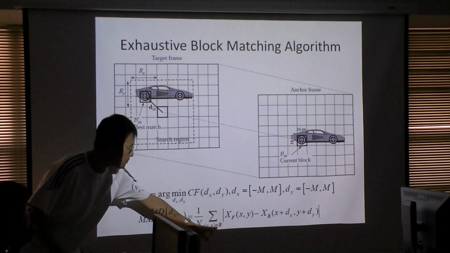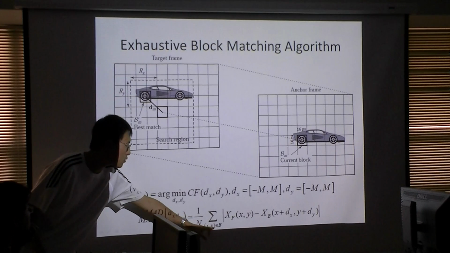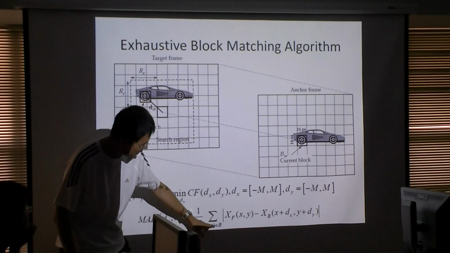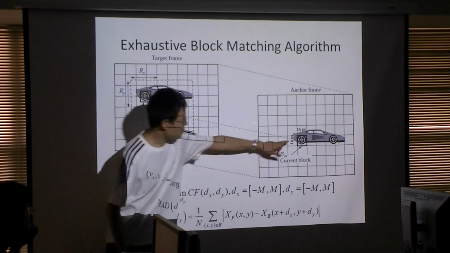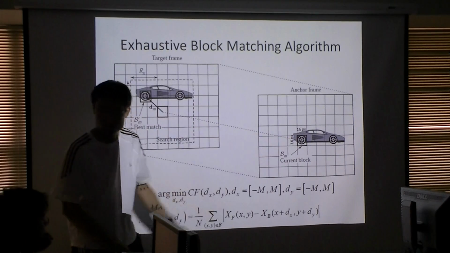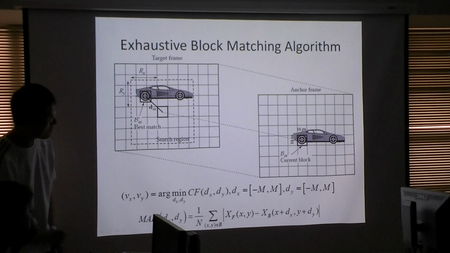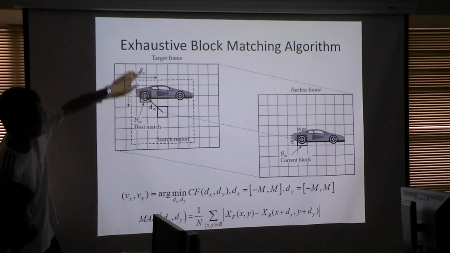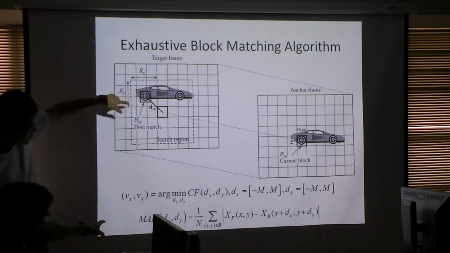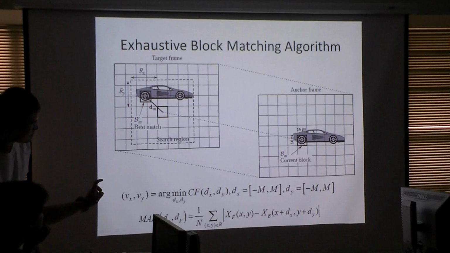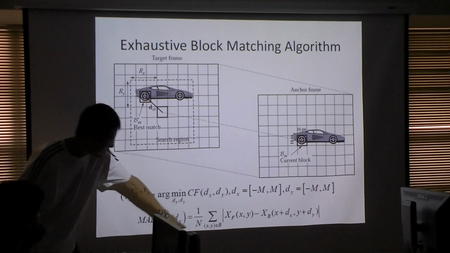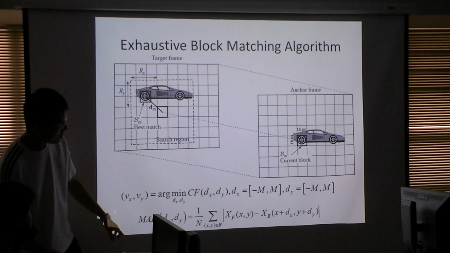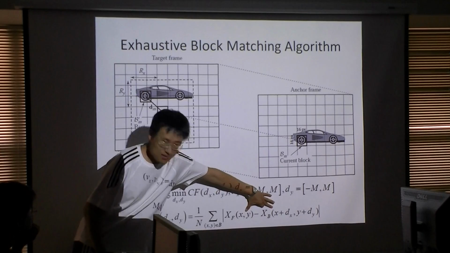Here (x, y) belongs to this current block, so these are all the pixels belonging to this current block. And XB is the backward frame here. That's the distance between two blocks. And this MAD means the mean absolute distance, so this is the pixel-wise distance.